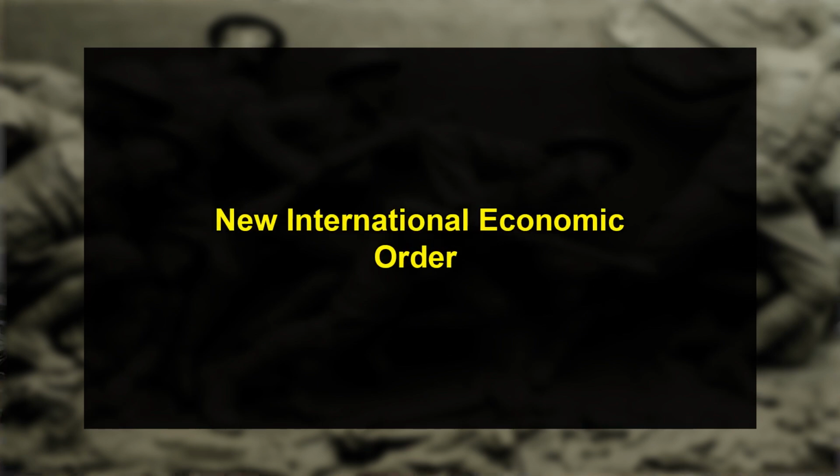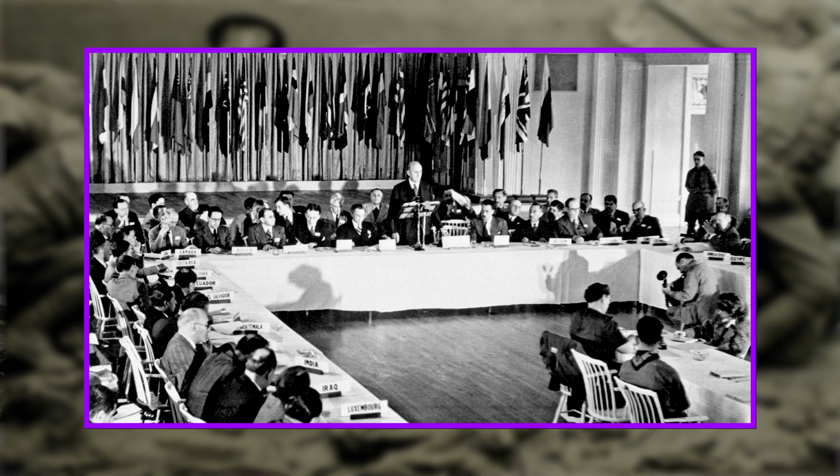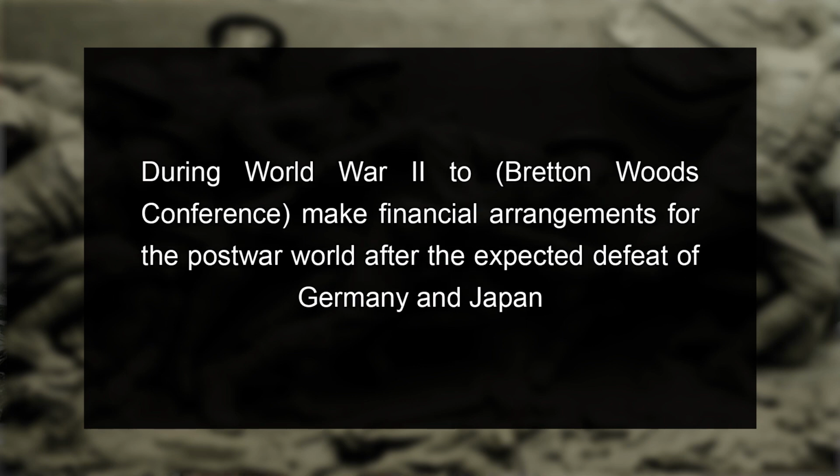The new international economic order is another important consequence of World War II. The Bretton Woods Conference, formally the United Nations Monetary and Financial Conference, met at Bretton Woods during World War II to make financial arrangements for the post-war period after the expected defeat of Germany and Japan.